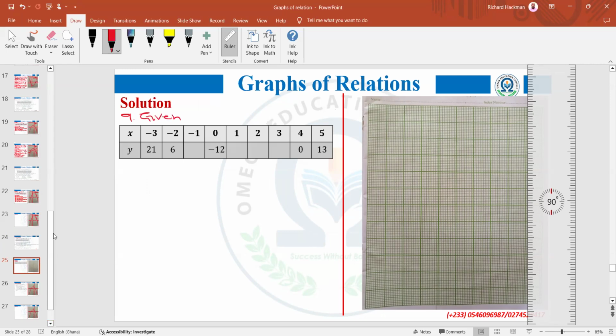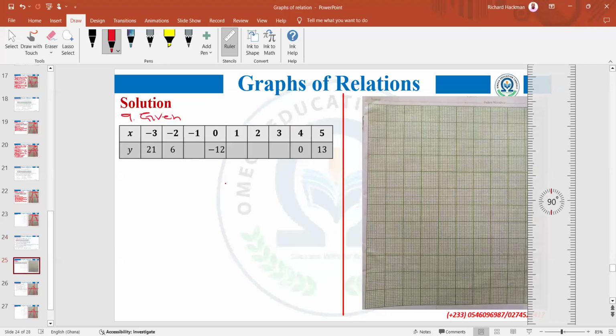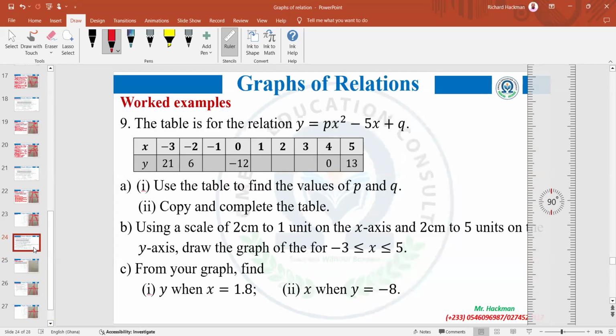Though what we are given is not the exact relation, we should extract that, and that is y equals Px squared minus 5x plus Q. Am I right?